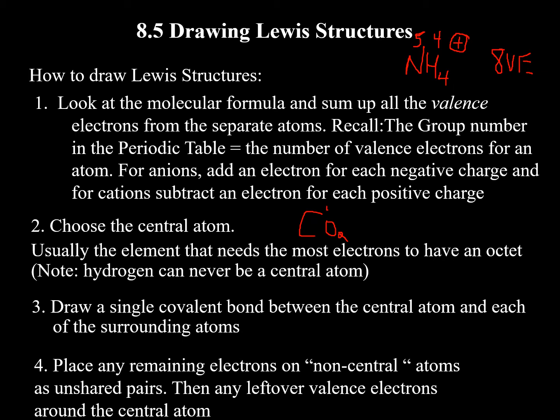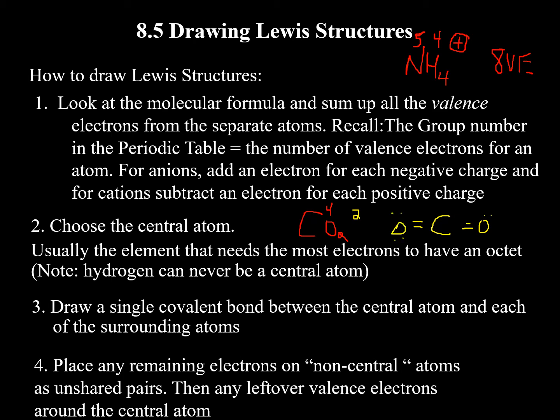It needs 4 more to make 8. And oxygen has 6 valence electrons. It needs 2 more to make 8. So the one that needs more electrons to make 8 will go in the middle. So in this case, the carbon will go in the middle. If you recall the slide before, the carbon will go in the middle.